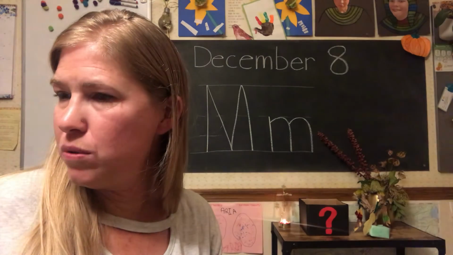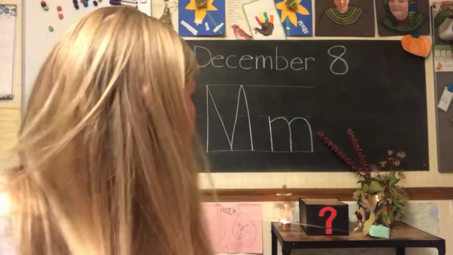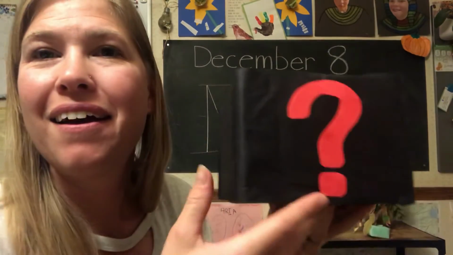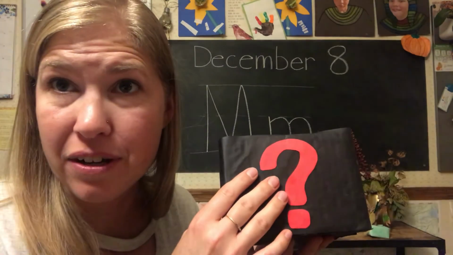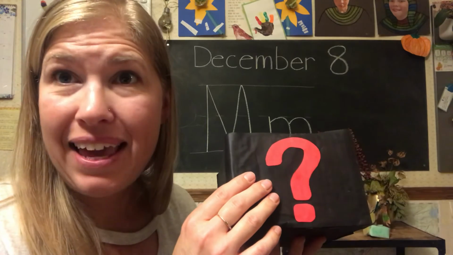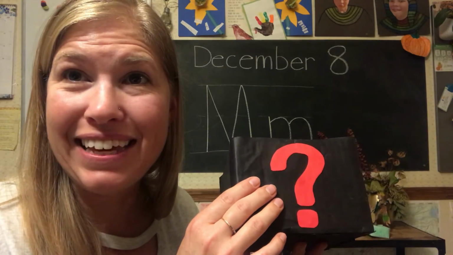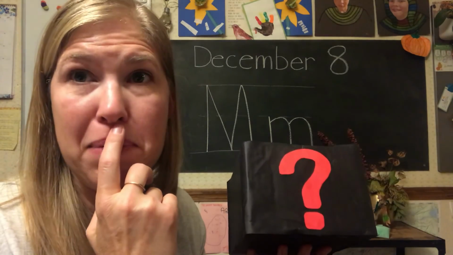All right, kiddos, we are going to end with our mystery box. What is inside of here starts with an M, and you use it to pay for things. What could it be? It can be paper.